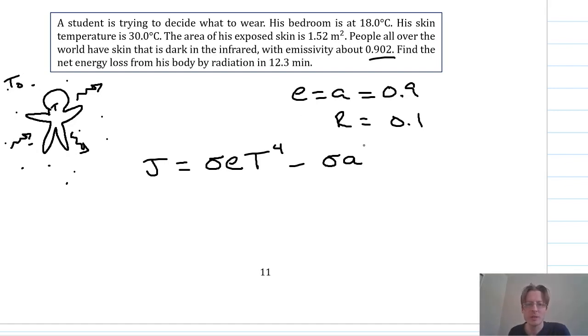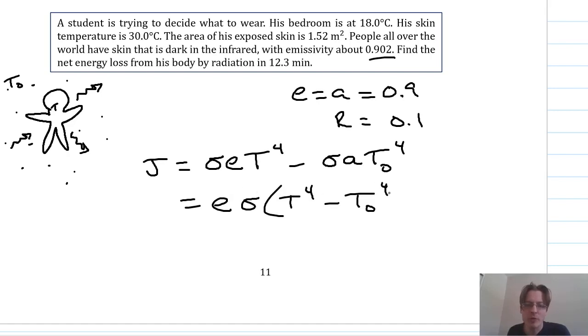We're at temperature T. So there's the emitted, there's the absorbed part. E equals A, so this simplifies to just be E sigma times T to the fourth, our temperature to the fourth, minus the surroundings temperature to the fourth. Now, I also ignored any kind of reflections, like I'm assuming the air doesn't reflect any of the radiation back.